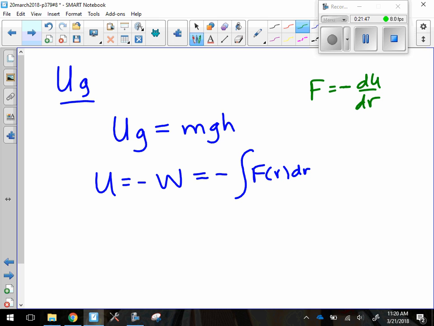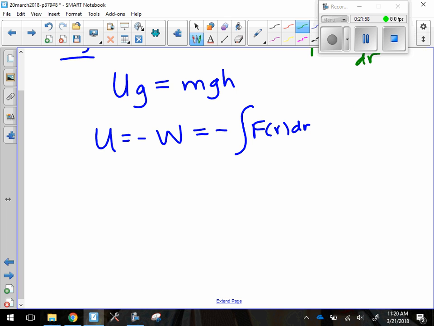But you should know that those are all pretty much dummy variables anyway, and I can put whatever variable I want and it doesn't change what I'm doing. Okay, so I can find UG now as the negative of the integral of Fg of r dr. We'll talk about the limits in a minute.